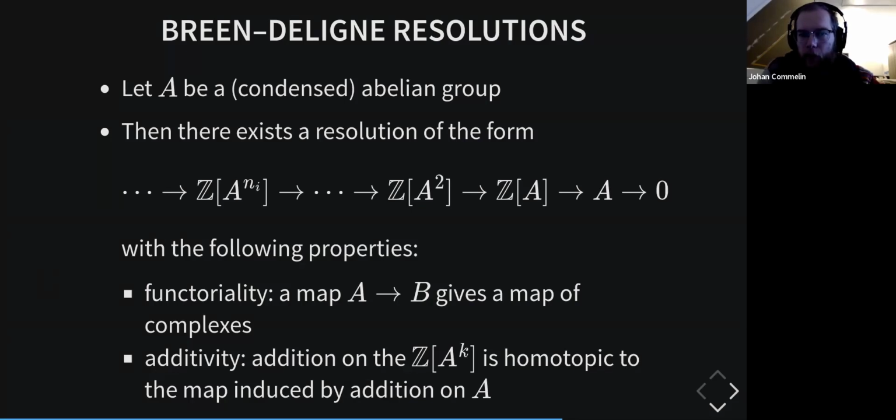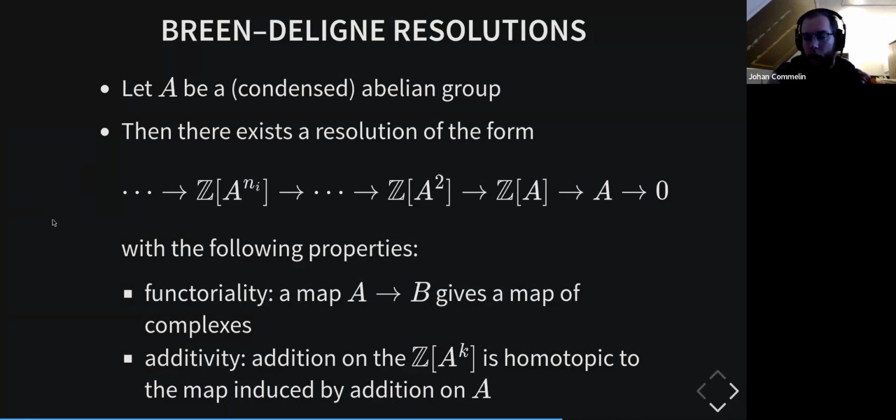But showing that these Breen-Deligne resolutions exist relies on a whole bunch of homotopy theory. Basically, you need to show that homotopy groups of spheres are finitely generated in order to use a bunch of homotopy theory that will give you the existence of these resolutions.